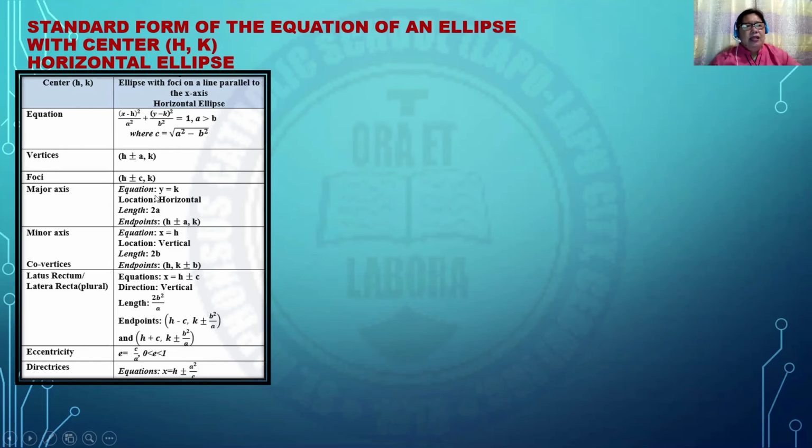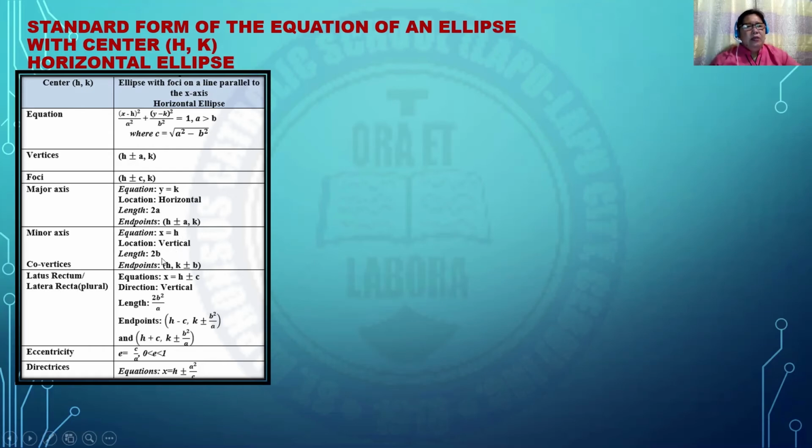For the major axis, y is equal to k as the equation. Location is horizontal. The length is the same, 2a. The endpoints, we have h plus or minus a, k. So it is the same as the coordinates of the vertices. For the minor axis, equation is x equals h. Location is vertical.